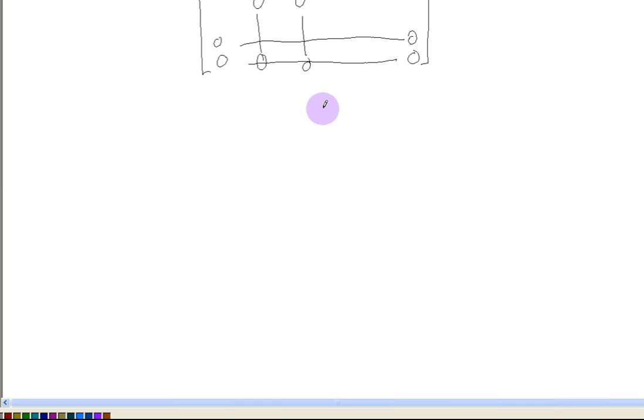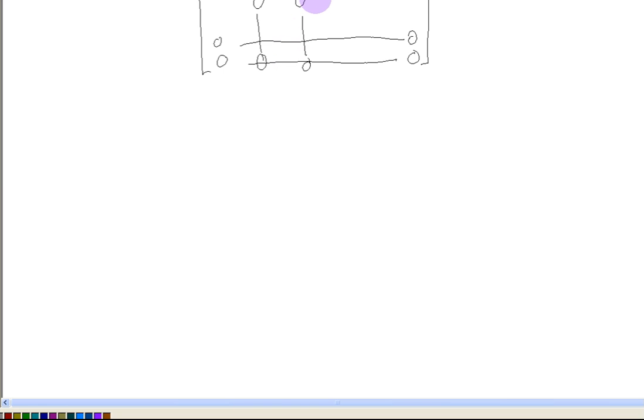So what does that mean? That means in particular that all of these entries have to be 0. Why is that? Well, suppose there was a non-zero entry here. That would mean the first non-zero entry in this row would be farther left than this non-zero entry. But what I just said is that rows farther down have first non-zero entries that are farther to the right.